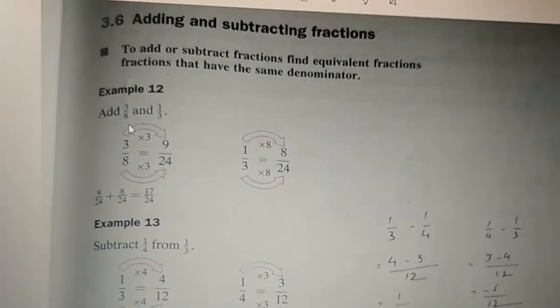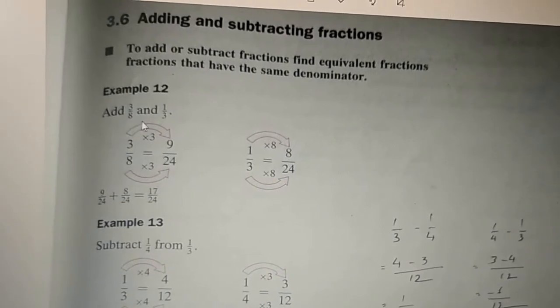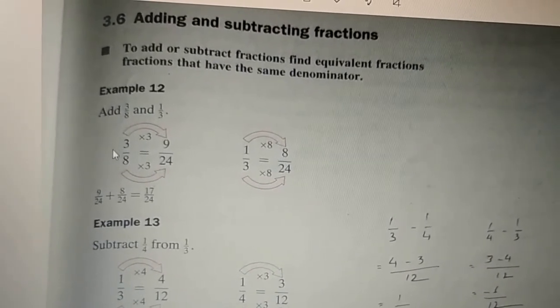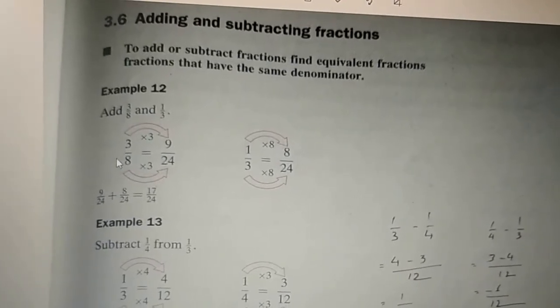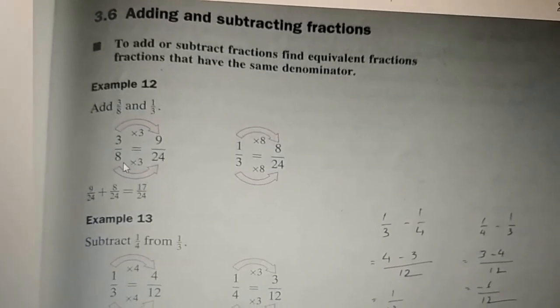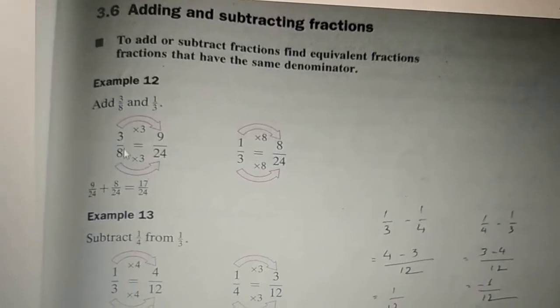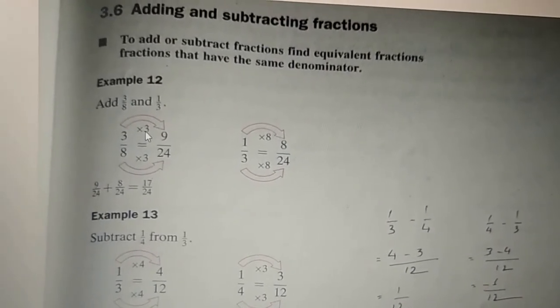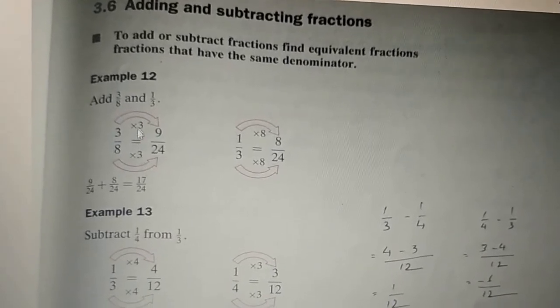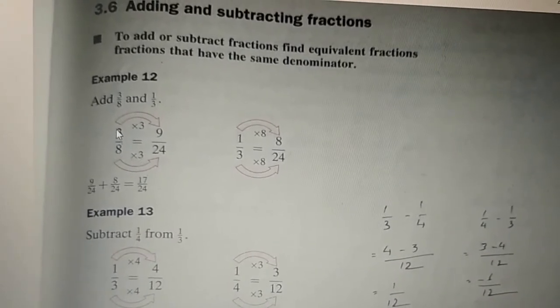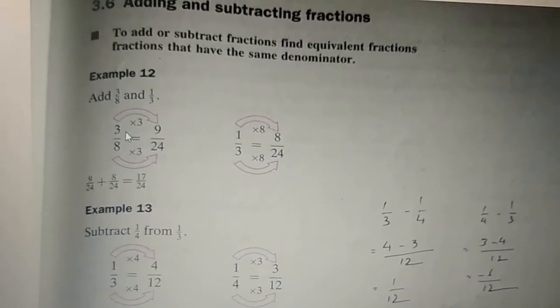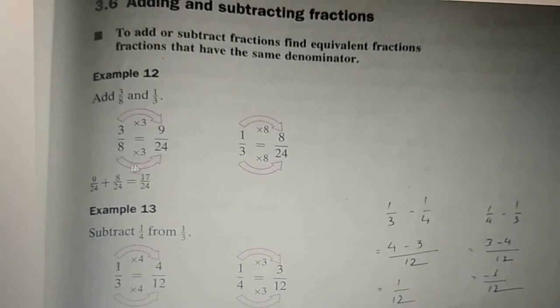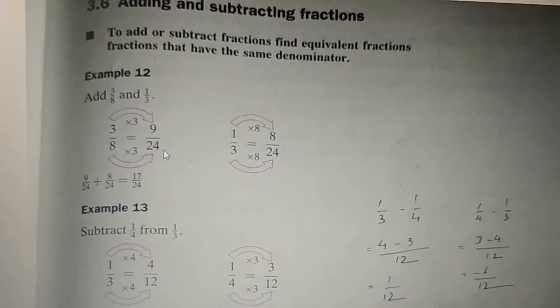So after deciding the number, we multiply both the numerator and the denominator of 3 by 8 by 3. After multiplication, we get 3 times 3 is 9 and 8 times 3 is 24.